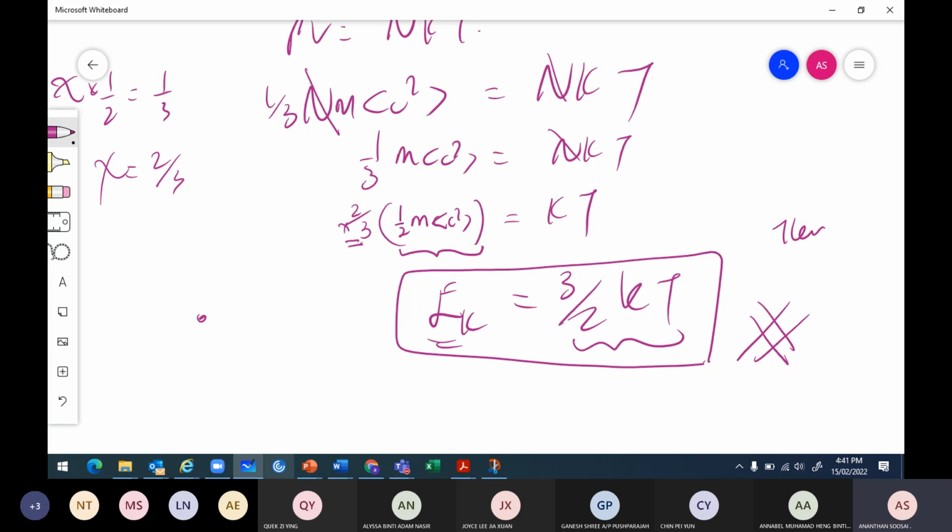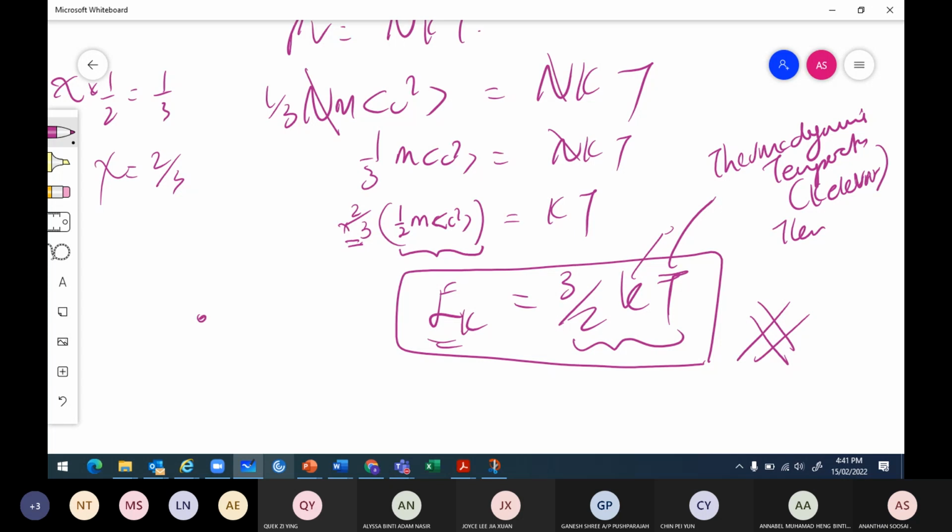3/2 is a constant, k is the Boltzmann constant, and T is the thermodynamic temperature, which means temperature in Kelvin. If I ask you now, you are having class and in front of you there are lots of oxygen and hydrogen molecules.